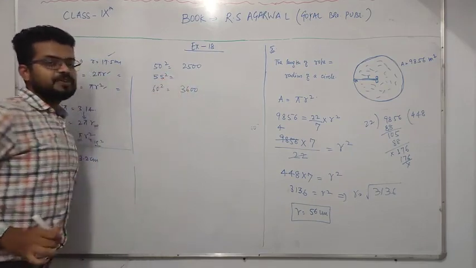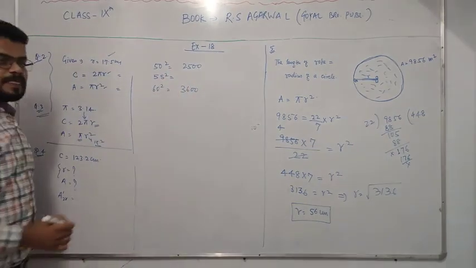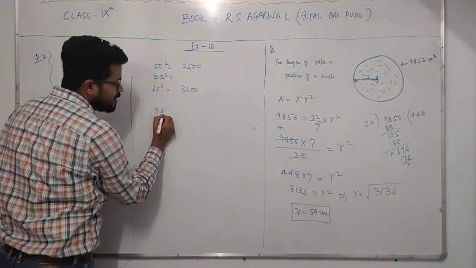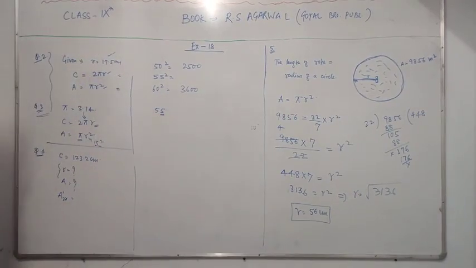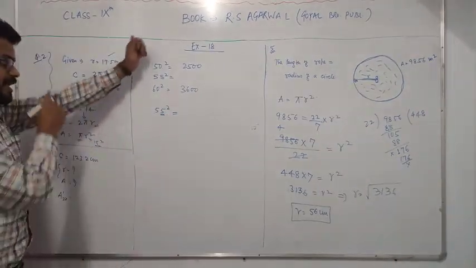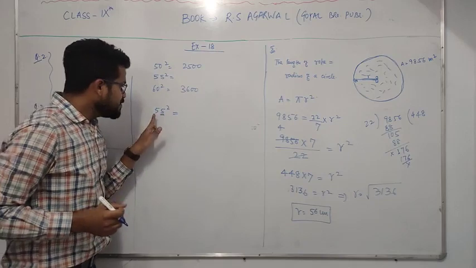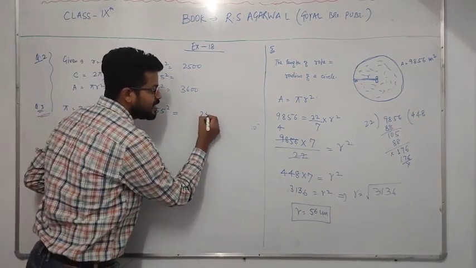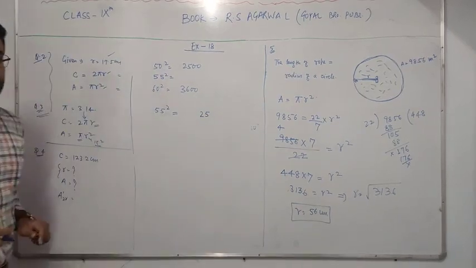How do you get 55 square? Whenever you get 5 at the unit place, you simply square the 5. 5 square is 25, so you write 25 here.